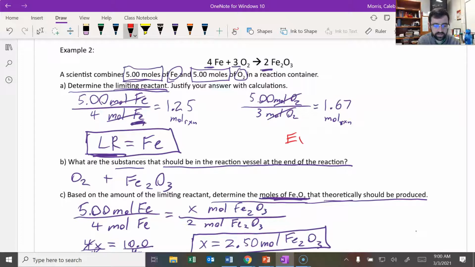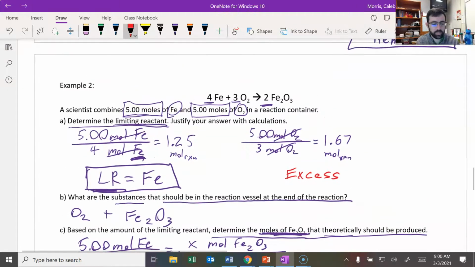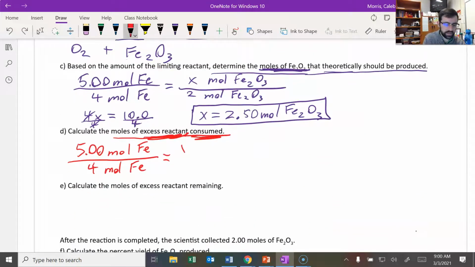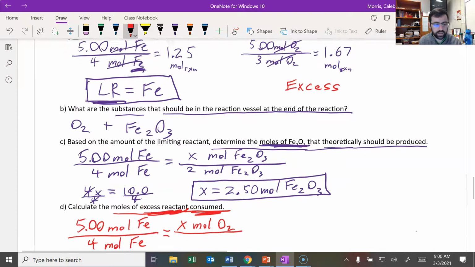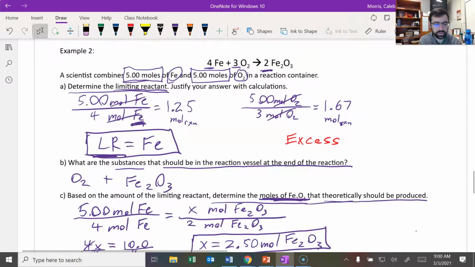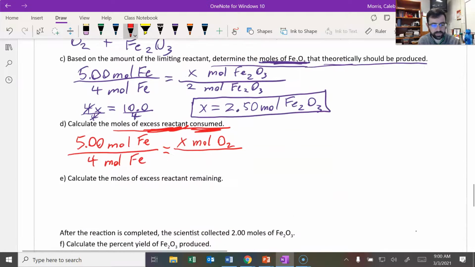Now my excess reactant would be the other one. Oxygen is excess. I don't care how much I had, I want to know how much I used. Oxygen becomes the new X. So X moles of O2, that's our excess reactant, over, and for O2 the coefficient is 3, so 3 moles of O2.